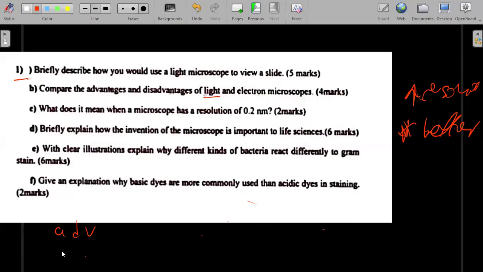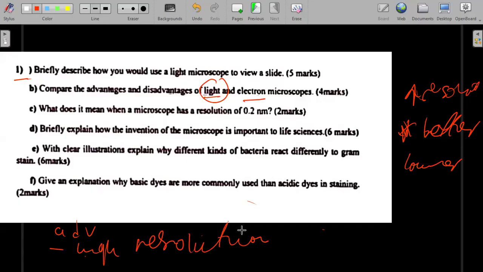We said the light microscope has low resolution, but this electron microscope has high resolution. That's one of the advantages of the electron microscope compared to a light microscope.